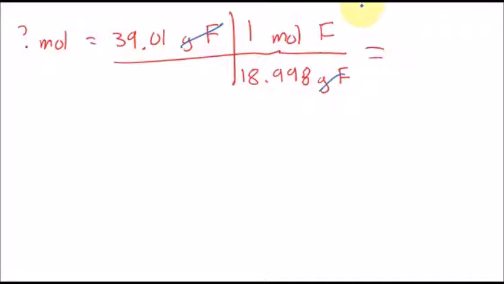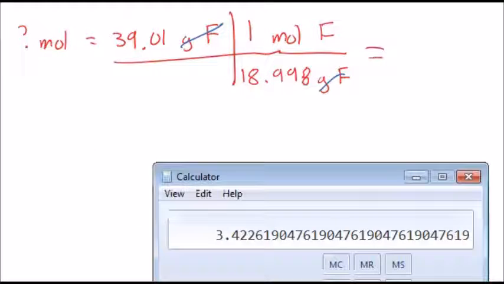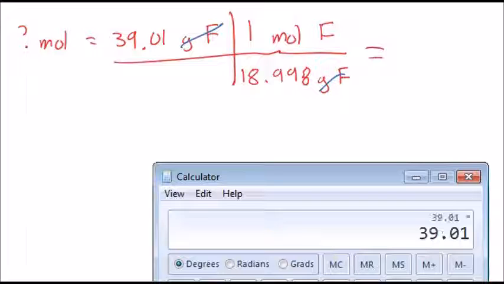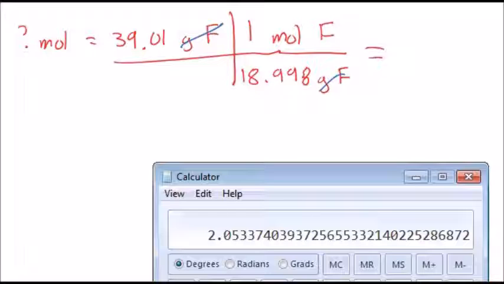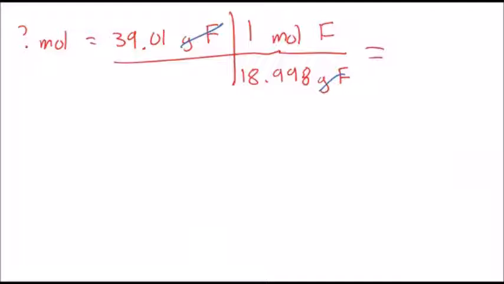So from here, we can go ahead and multiply everything out. So 39.01 times 1 divided by 18.998. And we will get this. Our answer needs to be rounded to 4 significant digits, so answer will be 2.053 moles of fluorine.